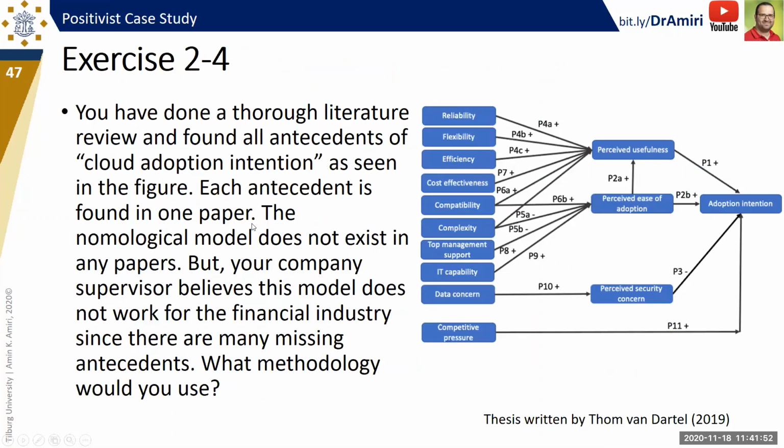Okay, I guess I have 1 or 2 questions, and then we can go for a break. What's your methodology here?